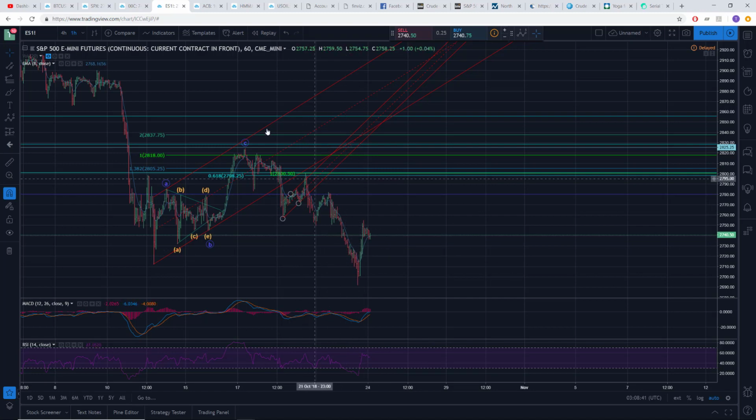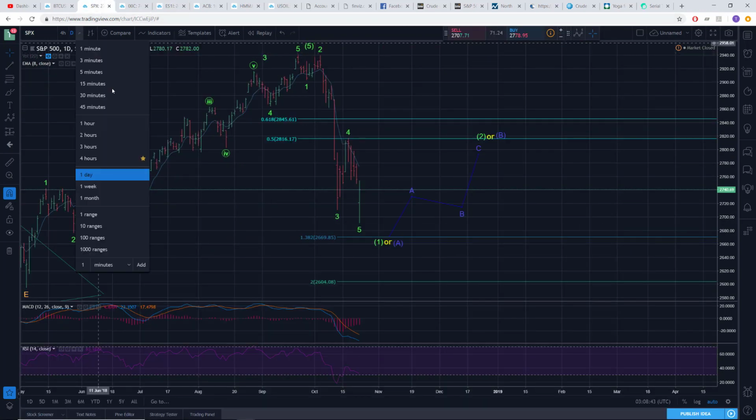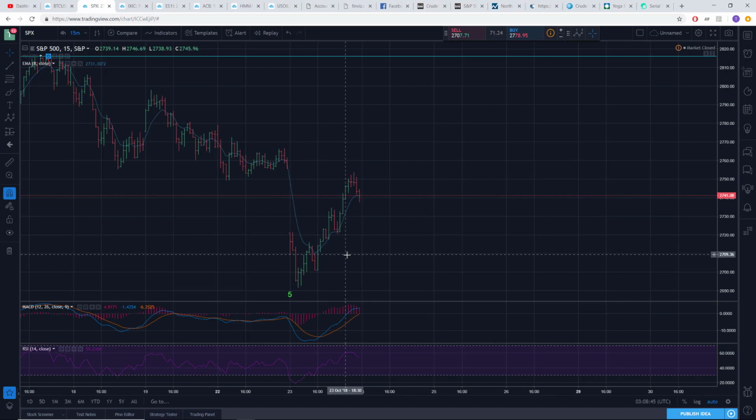If I could just go to the fairly short time frame here, I believe it was right here, so this was the open we had. We opened much lower. As soon as SPX, the cash index, took out the open there, I thought that was a pretty good sign of a reversal.